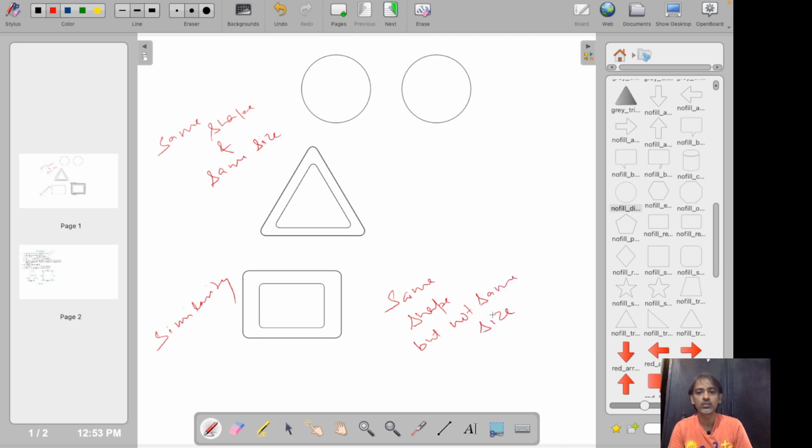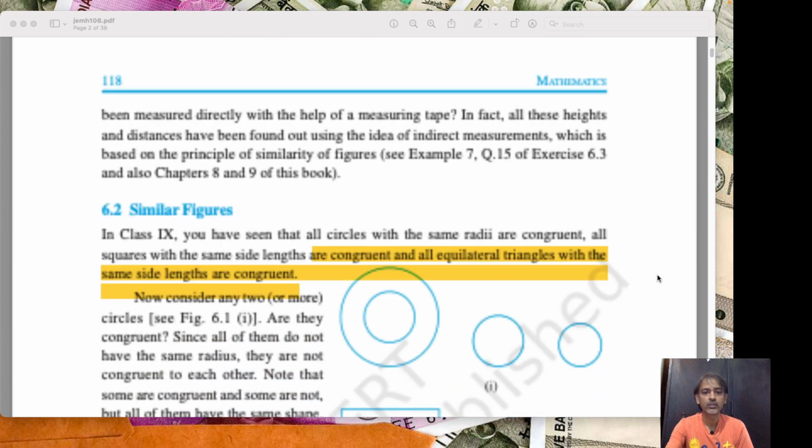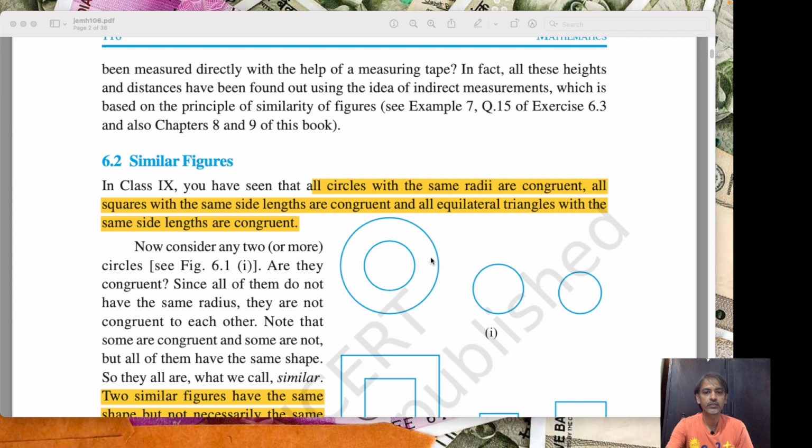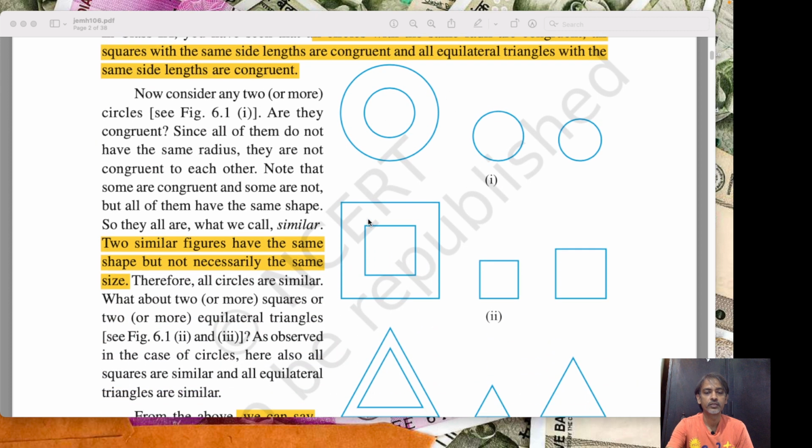Alright, so this is what similarity of figures is. Let's go back to the chapter and see again what they have talked about. Now let's move further down, and they have shown these figures. They have tried putting it inside so that these two are similar figures.